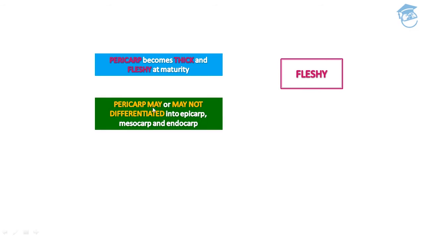Now we'll talk about the fleshy fruit, students. Pericarp becomes thick and fleshy at maturity. That means in the later stages of development, pericarp becomes thick and fleshy at maturity. Okay, pericarp may or may not be differentiated into epicarp, mesocarp and endocarp.